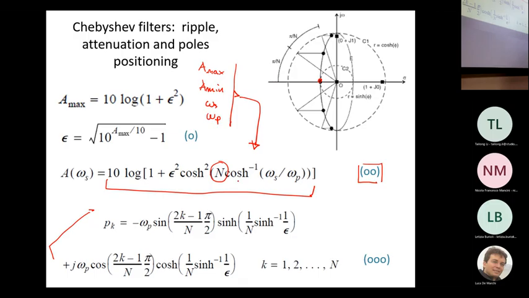Please take into account the fact that in this formula, this is not 1 over the hyperbolic cosine, but this is the inverse function of the hyperbolic cosine function. Okay, so it is the arc hyperbolic cosine function. So this symbol -1 means the inverse form. Same here, of course.